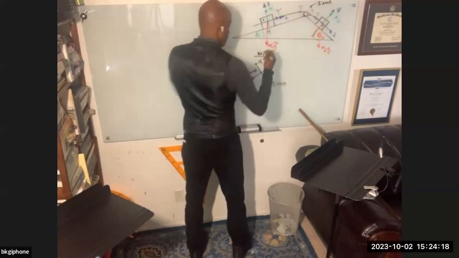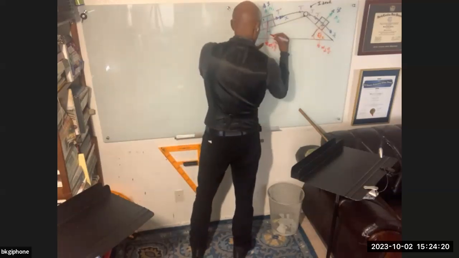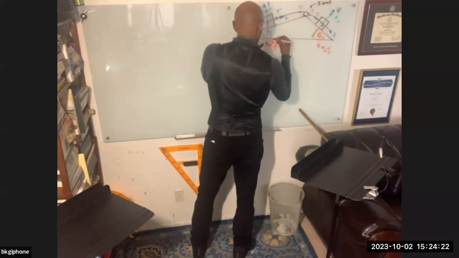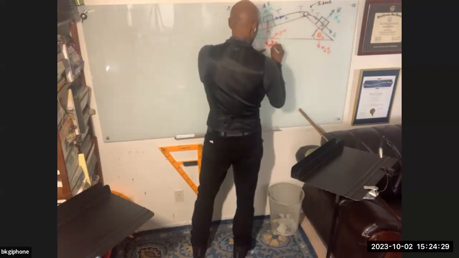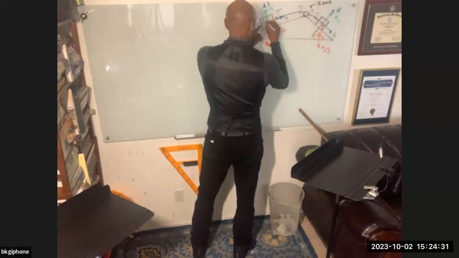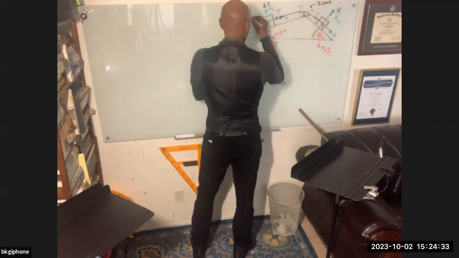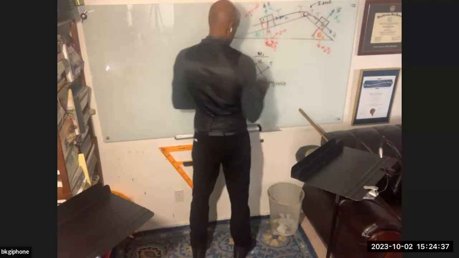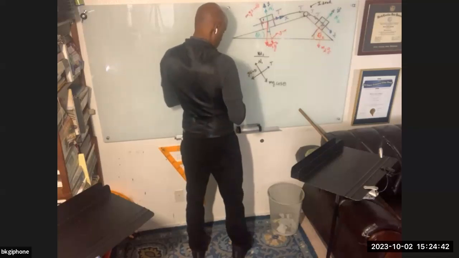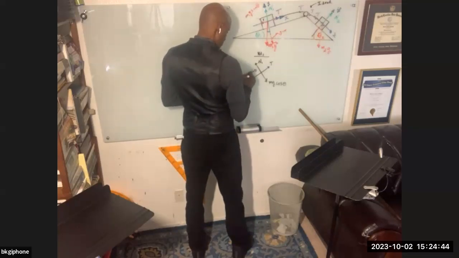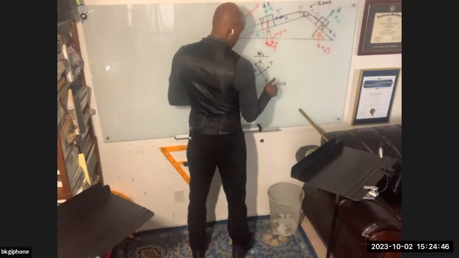I project this guy back, that's M1 G cos. And then I project this guy up to here, and that's M1 G sine. Got to put the subscript on here. So this is M1.